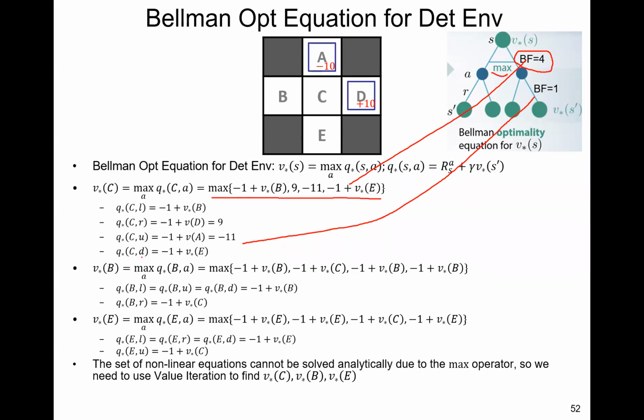And there's only one choice. For every action, you have only one outcome. So now you have the set of equations, but these are nonlinear equations because of the max operator. So you cannot solve them analytically. You must use value iteration to find the V stars.